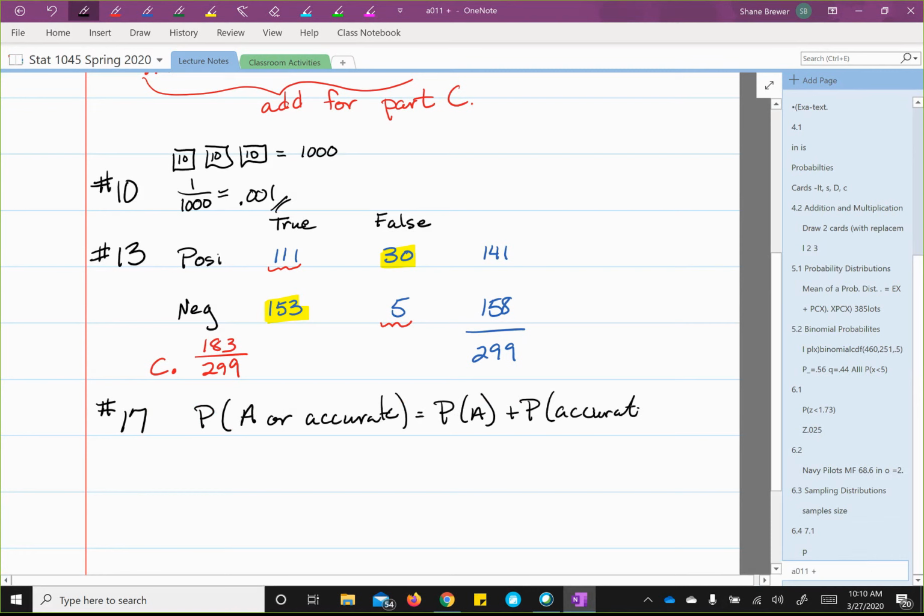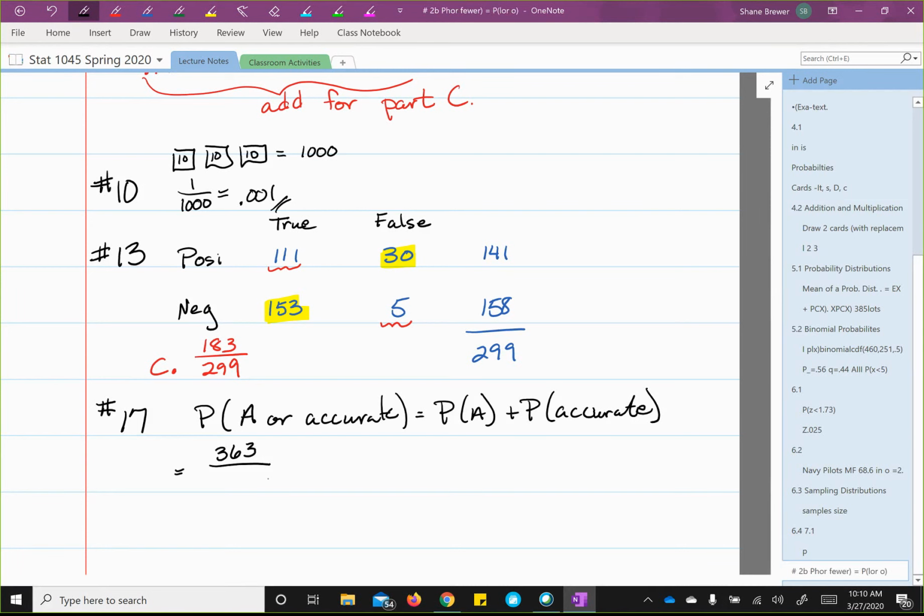Okay. Now, be very careful. They're not asking what's the probability that you get an order from A that is accurate. They're just saying what's the probability of getting an order from A. Well, there are 363 orders from A, and out of how many? Let's see. I guess we'd have to add all those up.